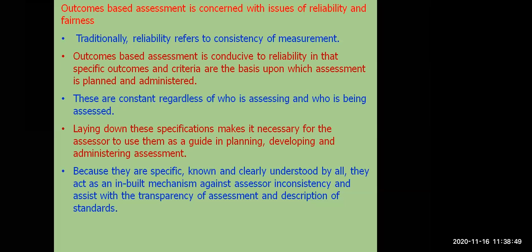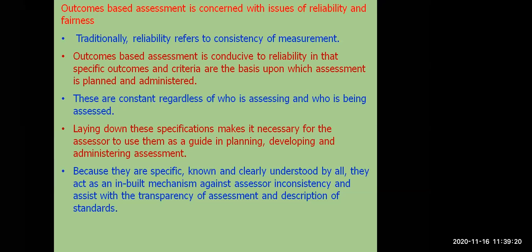Laying down these specifications makes it necessary for the assessor to use them as a guide in planning, developing, and administering assessment. Because the POs or the outcomes are specific, known and clearly understood by all, they act as an inbuilt mechanism against assessor inconsistency and assist with the transparency of assessment and description of standards. What does this mean?